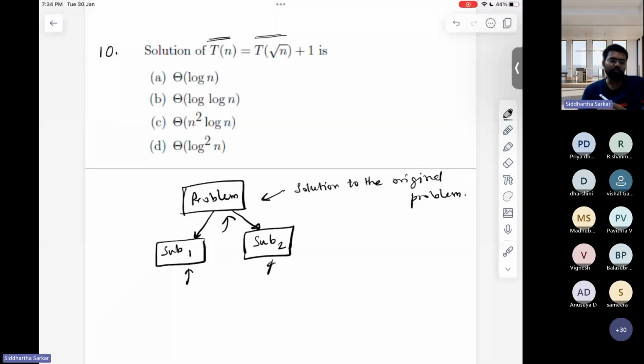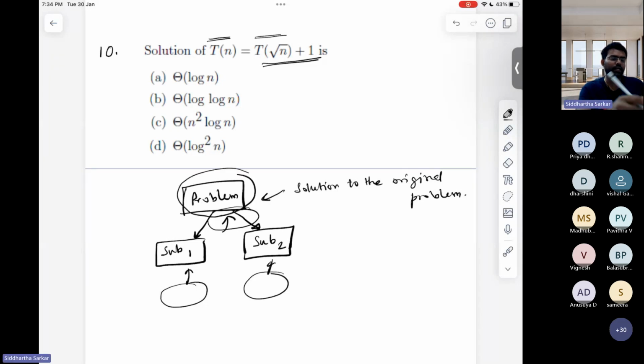So if we have access to the running time of the subproblems and the running time to merge the solutions to multiple subproblems, then adding them together, we are able to calculate the running time of the original problem. I mean, running time of the algorithm applied to the original problem, to be precise. So that is the reason we need recurrences. That is the reason it is necessary to be able to solve recurrences.